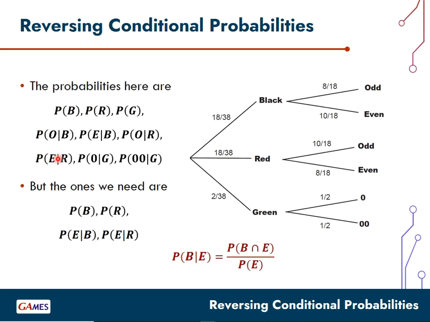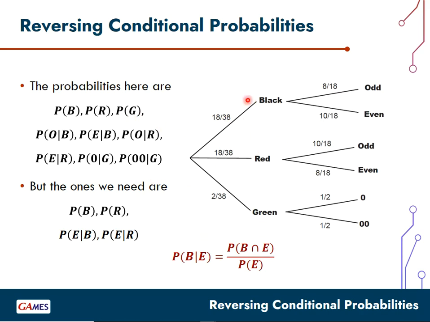So let's move on. We have probability of B, probability of R, probability of G. These are called the prior probabilities, which means the very base or previous or individual probabilities of individual events. In fact, the prior probability can also be probability of B or R, or B or G, as long as they are known already, for instance from a probability tree.